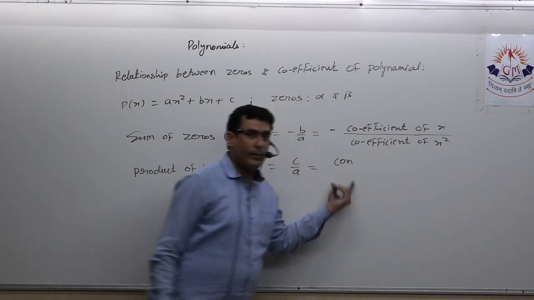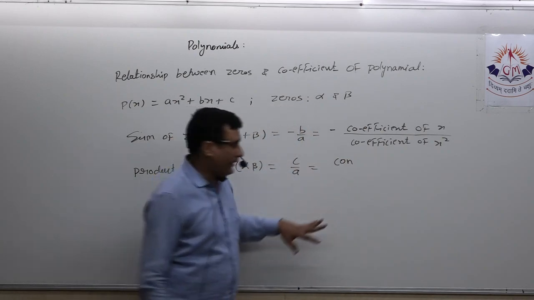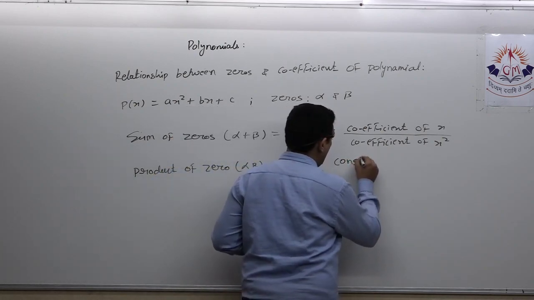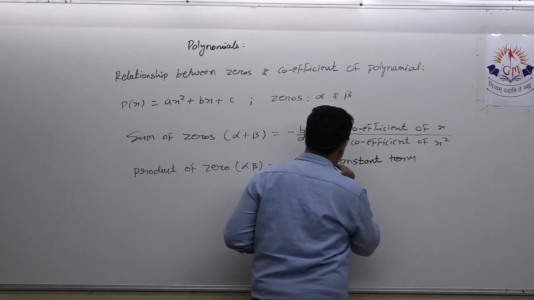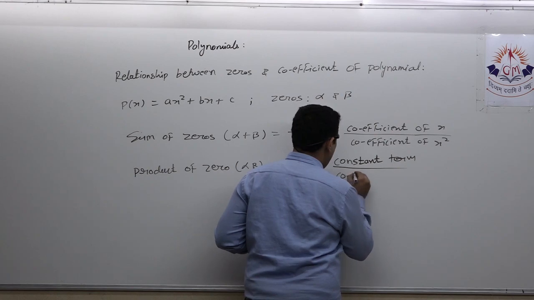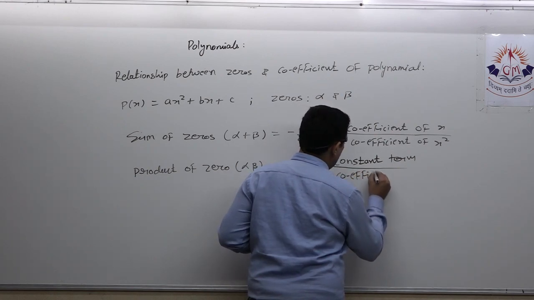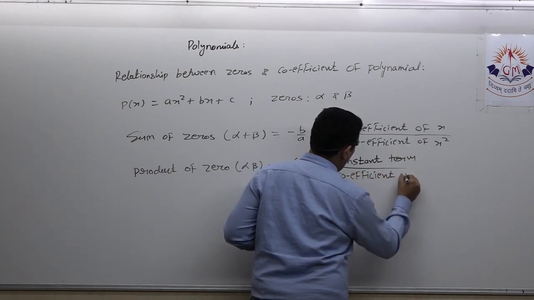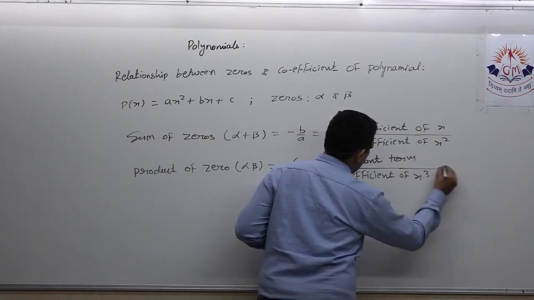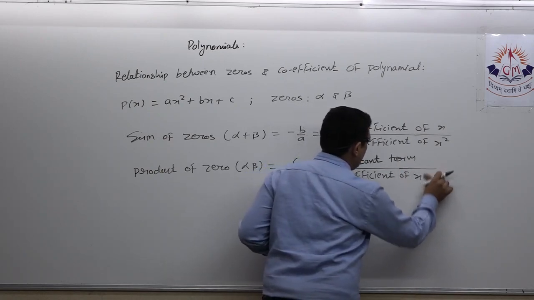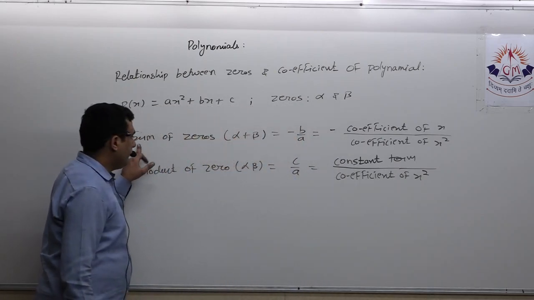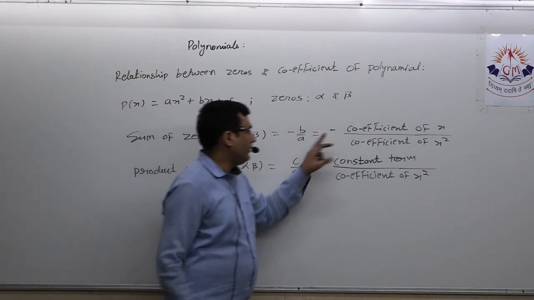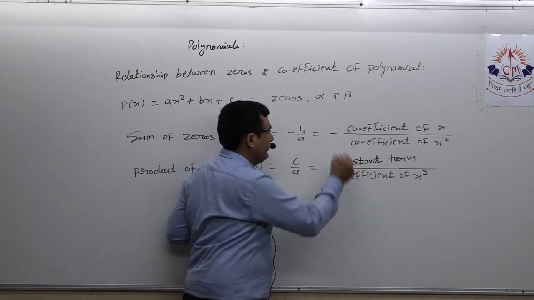Instead of constant term I can also write coefficient of x, but here it is the constant term. Sum of zeros, product of zeros.